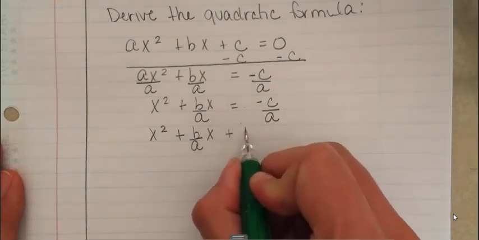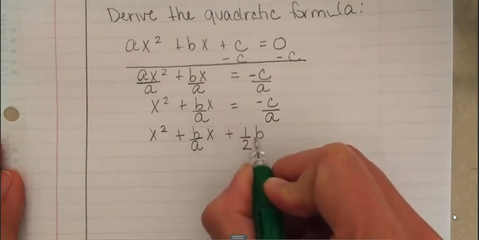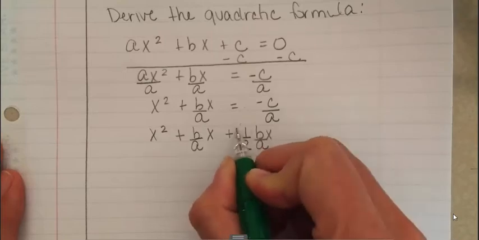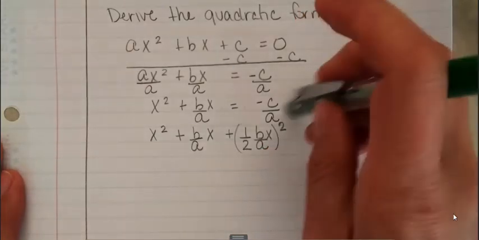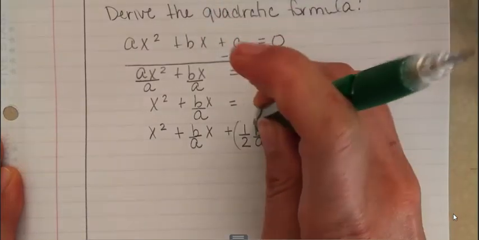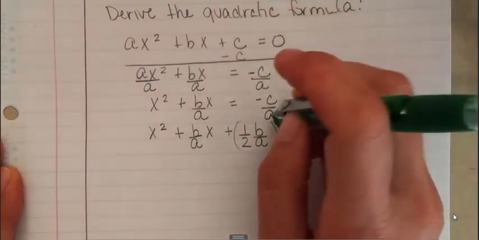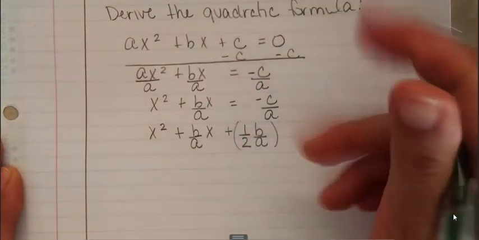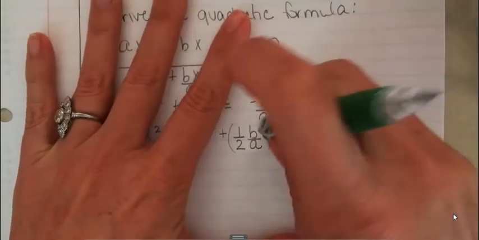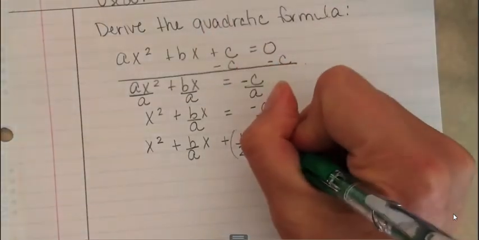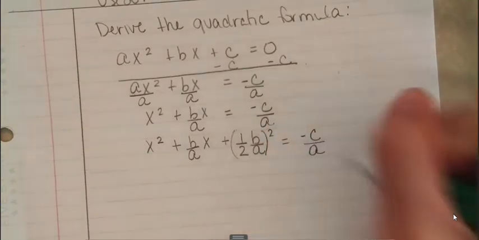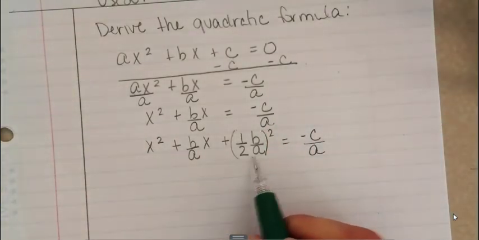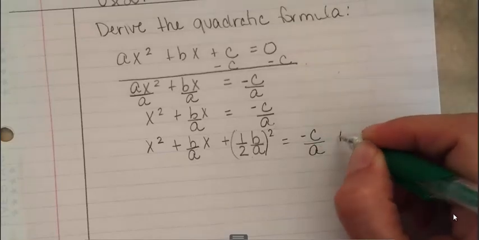So I'm actually going to do 1/2 of b over a, and I'm going to square that. Not the x, just the b over a, because that's the coefficient. And whatever I do on one side, I have to do to the other side of the equation.